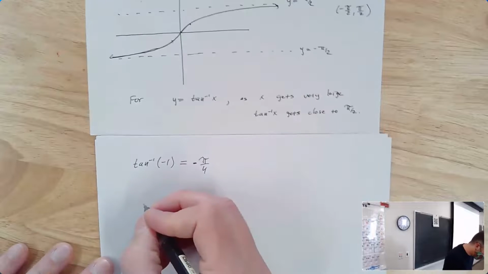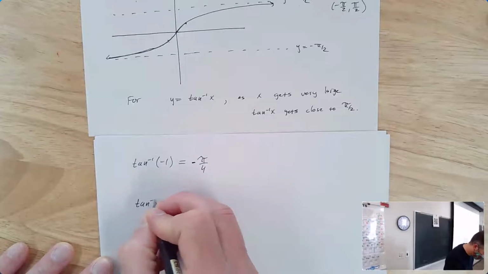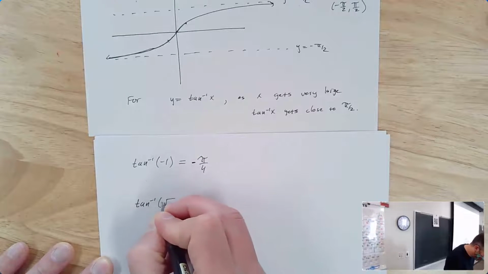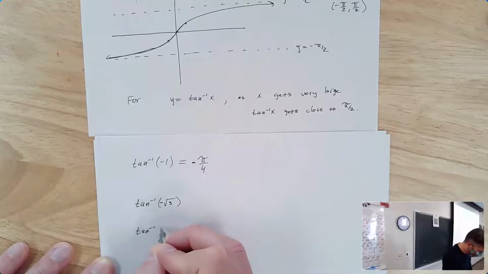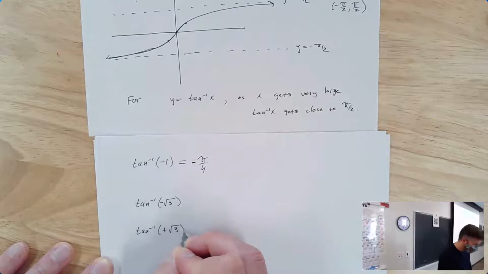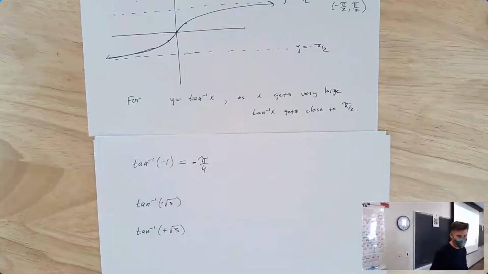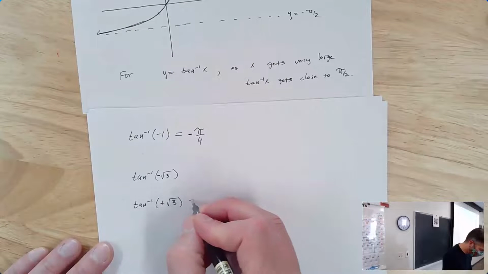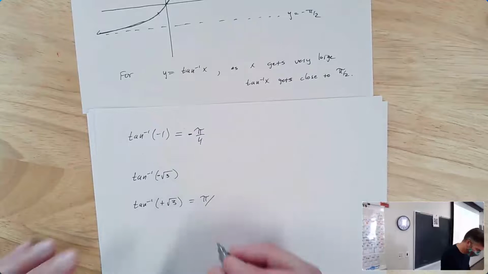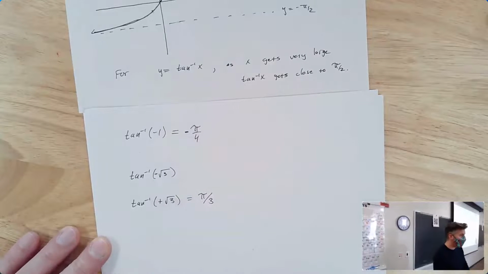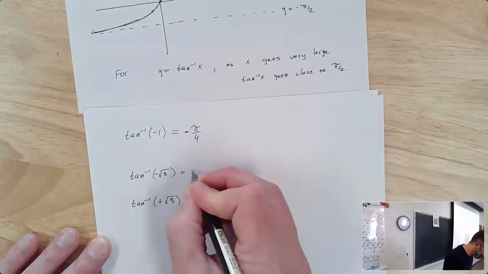So if I was trying to find the inverse tangent of the negative square root of 3, I would first say, well, what's inverse tangent of positive root 3? It's the angle where, if I take tangent of it, I get root 3. That's going to be pi over, it's either 3 or 6. It's 3. And after I know that, oh, well, that's going to be negative pi over 3.